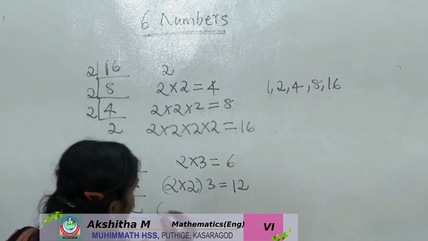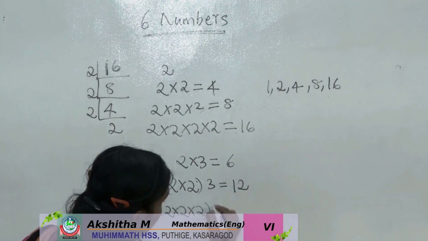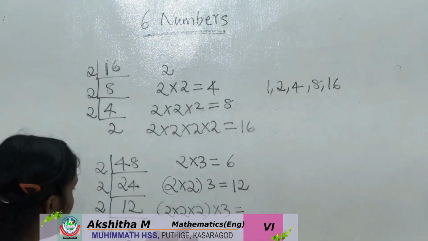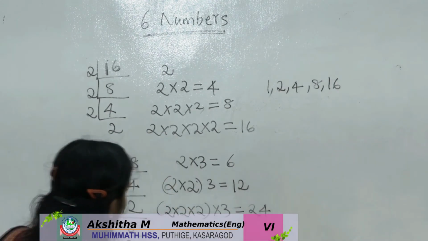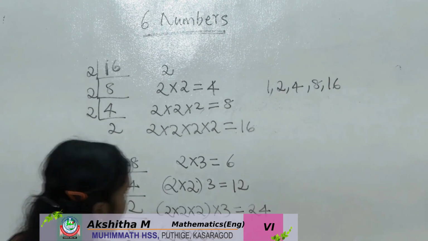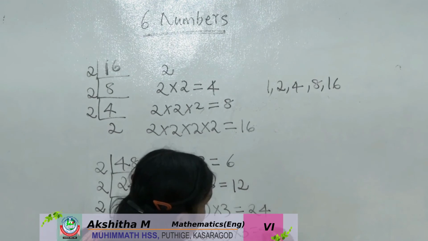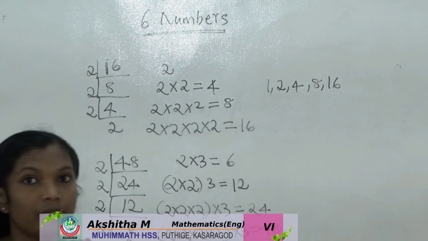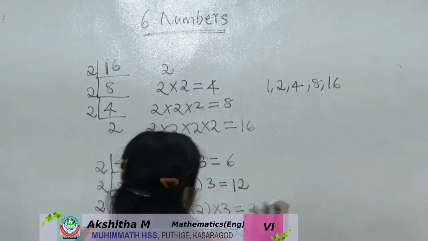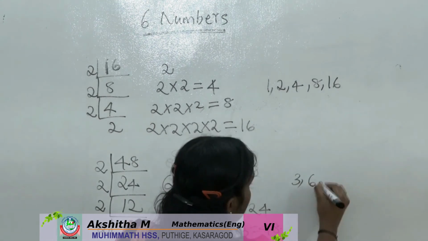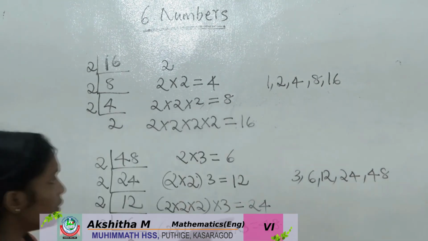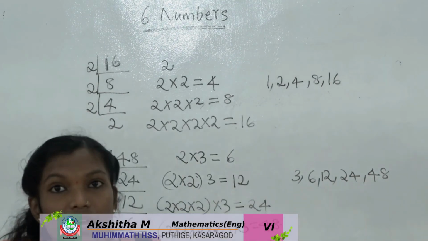And the next one, 3 times 2 into 3 is 24, and 4 times 2 into 3 is 48. Is it clear now? So the factors of this number are 3, 6, 12, 24 and 48.